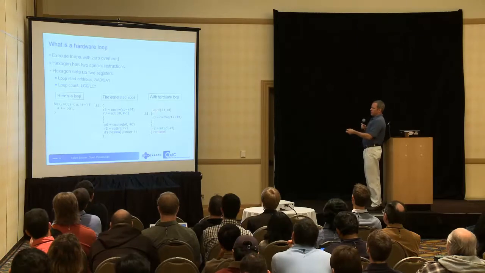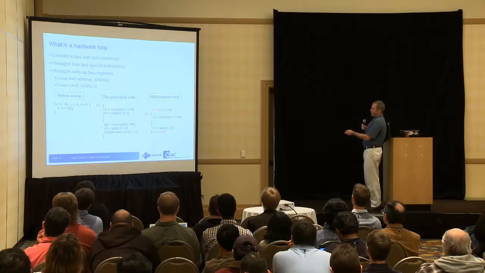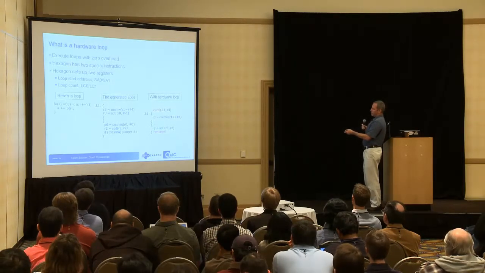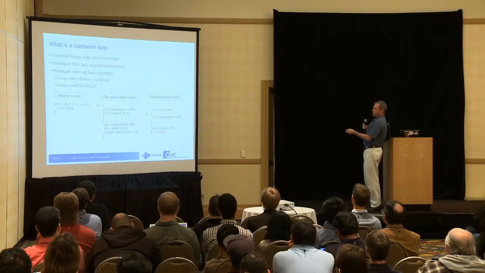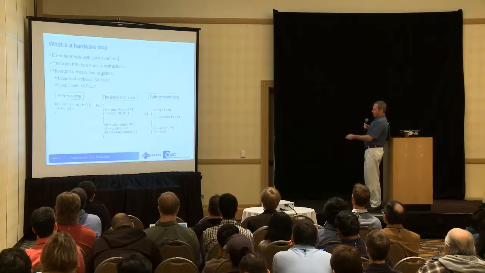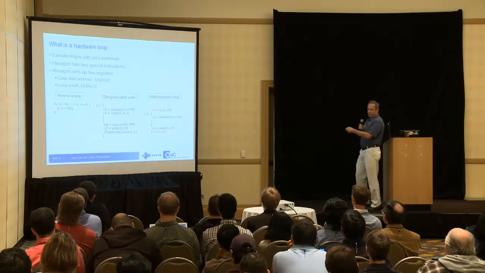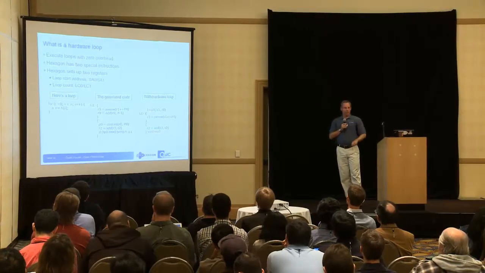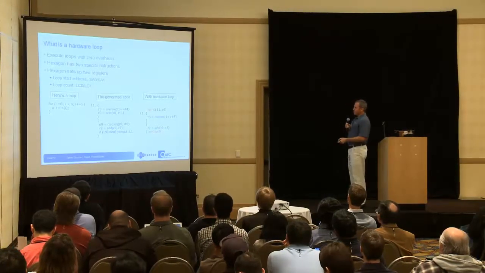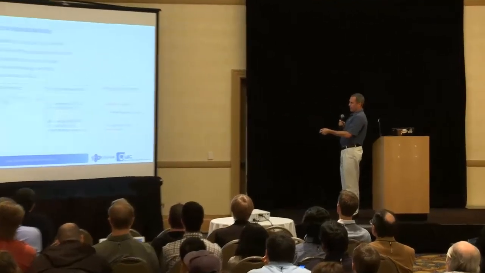If you transform this, the loop 0 instruction puts the label at the beginning of the loop into SA0, and the value of R0 as the loop count goes into LC0. Then this little tag at the end tells it to automatically decrement the counter and jump back to the beginning in every cycle. So what we did was get rid of this add, that compare, and that branch, and we're just left with the memory load and then the add to accumulate into A.